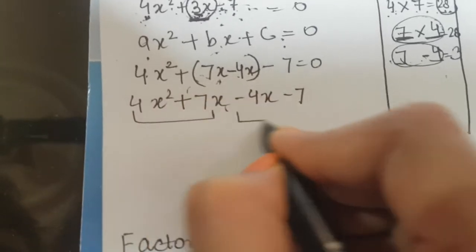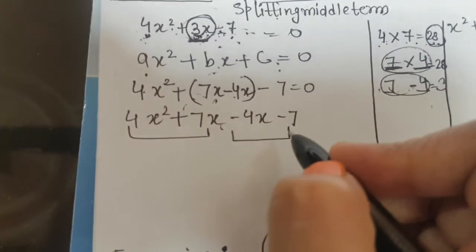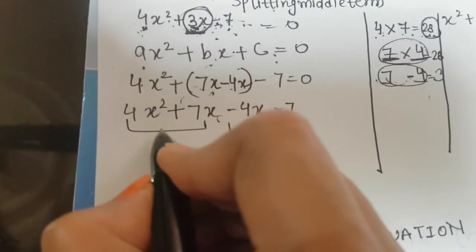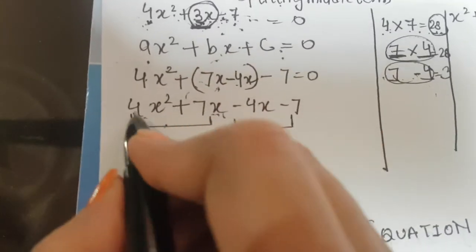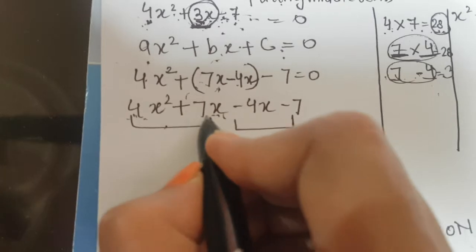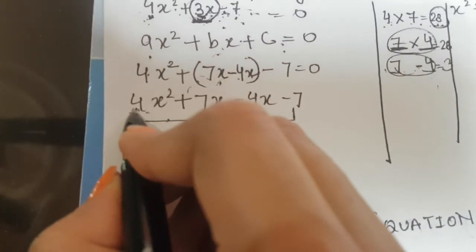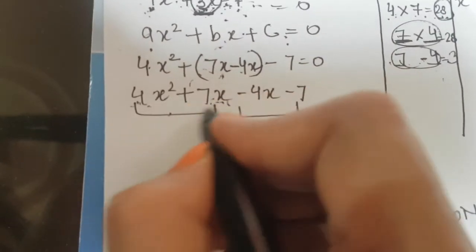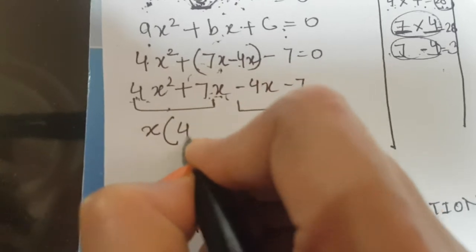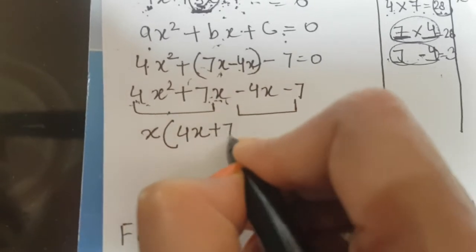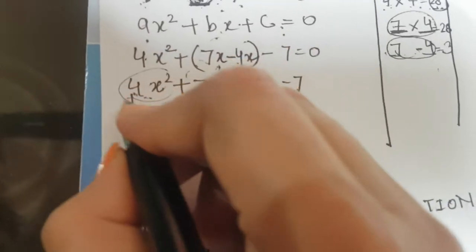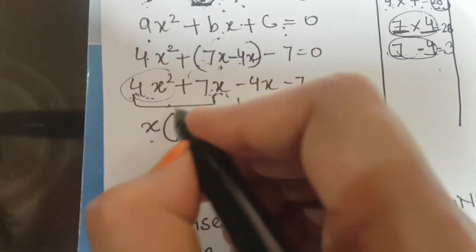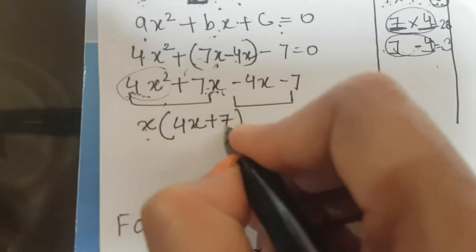Now make two pairs. After that, the next step is to make two pairs. First pair: now you see what you can take common from the first pair. Can you take any number common? No, because there is no common factor of these two, but we can take x common. So what is left? 4x plus 7. In this pair we have taken x common, so in this term 4x is left and in this term 7 is left.